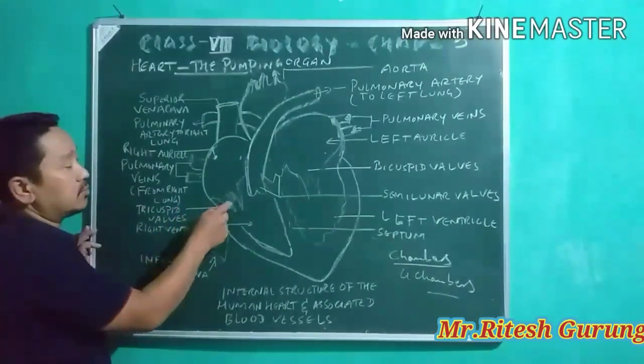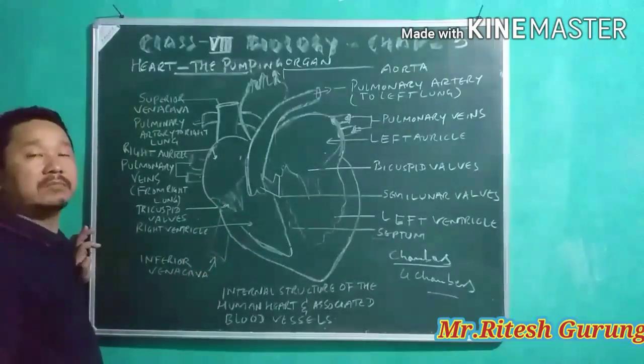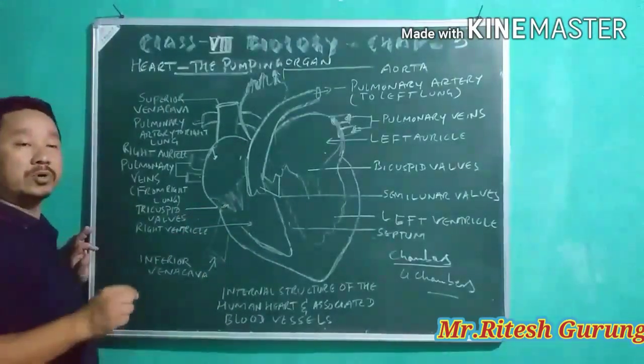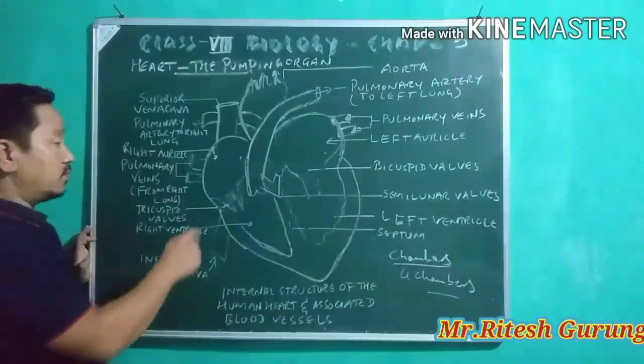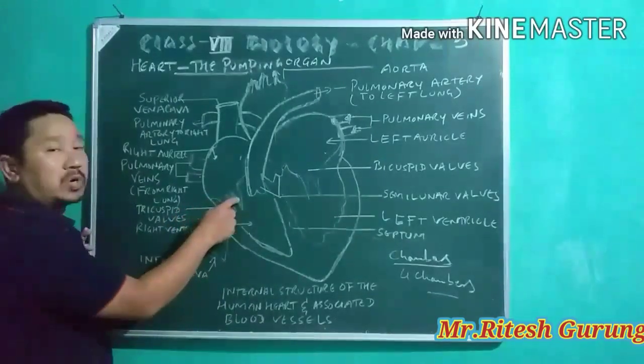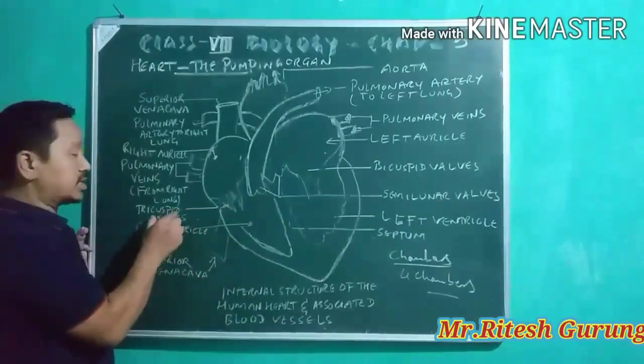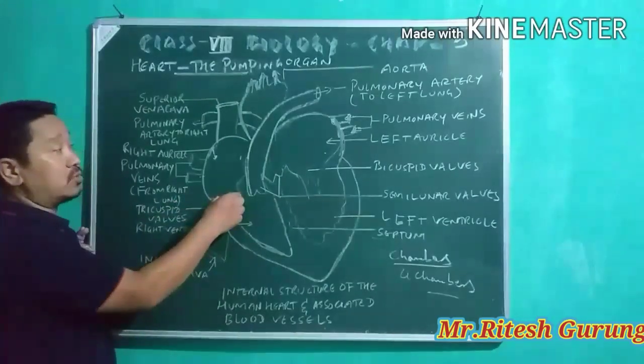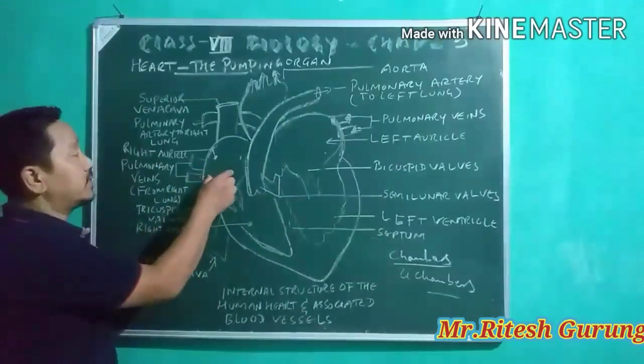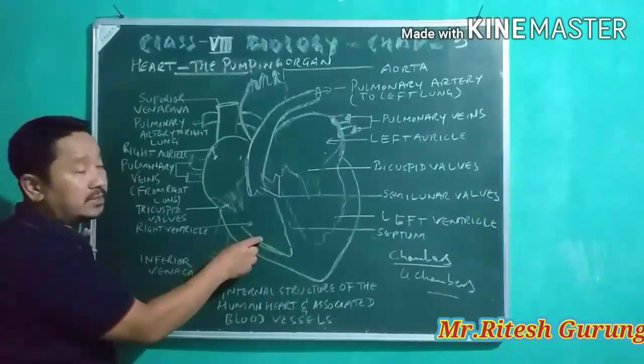That means here you find three cups or valves. Mono, di, and tri. So tricuspid valves separate the right auricle from the right ventricle.